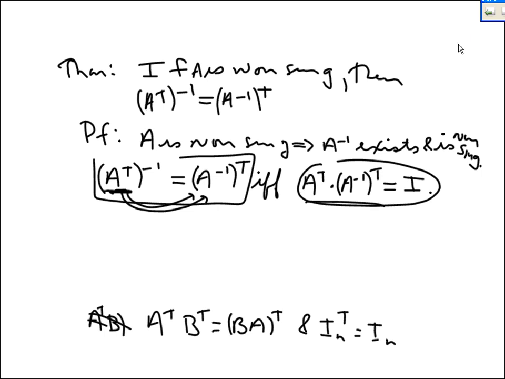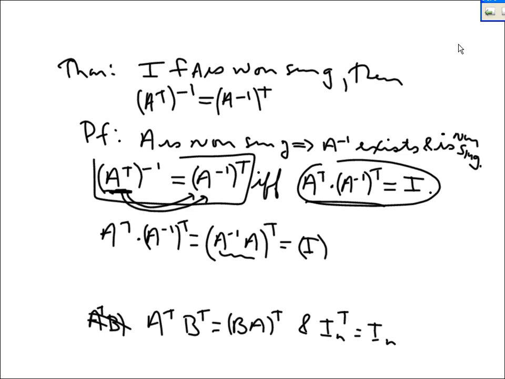So, let's look at this. One matrix transpose times another matrix transpose. Well, you can switch the order of the matrices being transposed and transpose that. But wait a minute. That's the identity. Oh, we're going to transpose the identity?